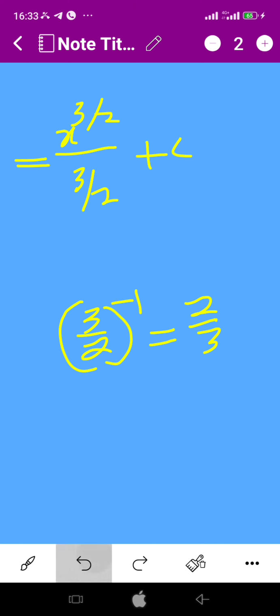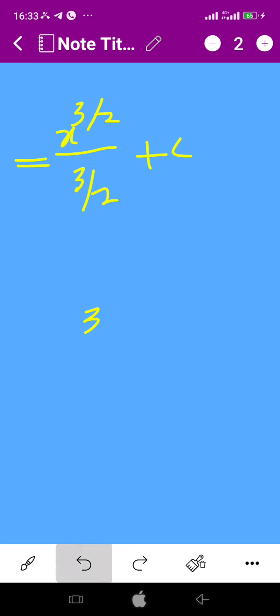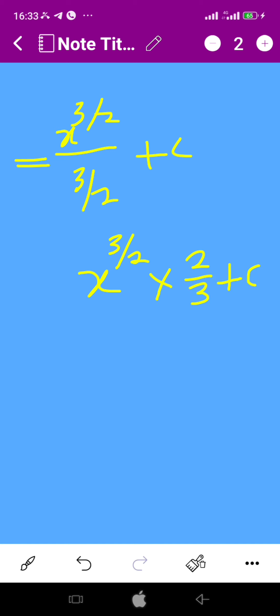Now we are going to find the inverse of the denominator. We are going to find the inverse of this 3 over 2, which will give us 2 over 3. Therefore, we have x raised to the power 3 over 2 times the inverse of 3 over 2, which is 2 over 3, plus our constant.